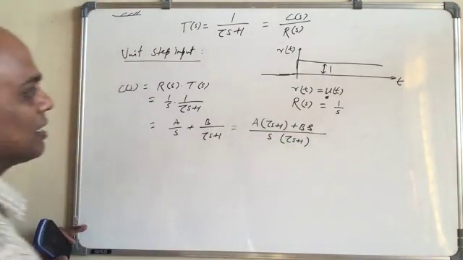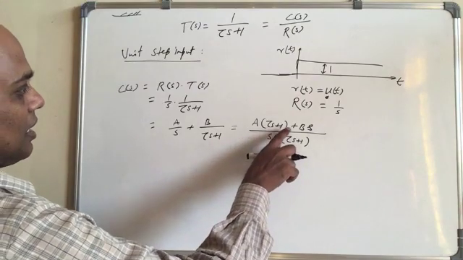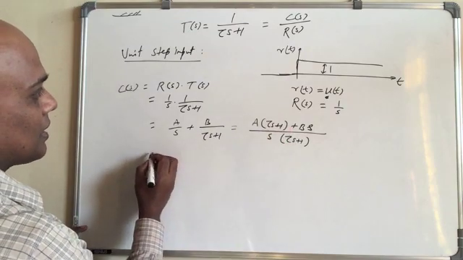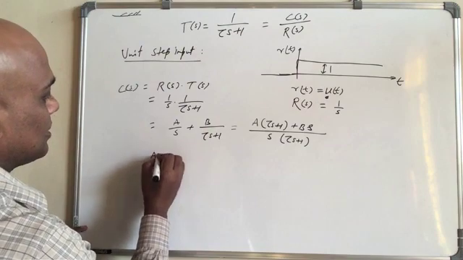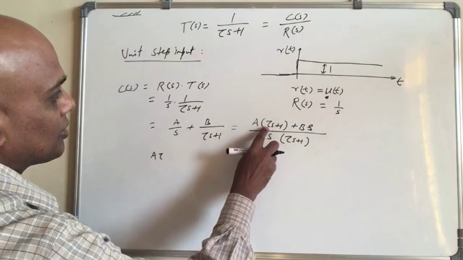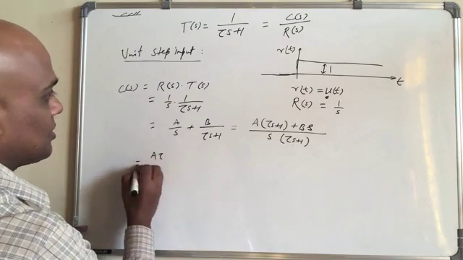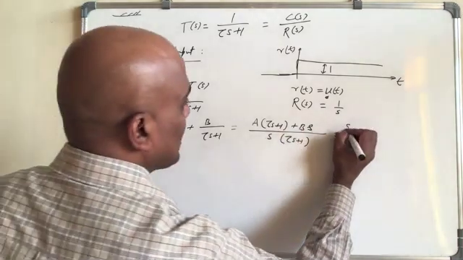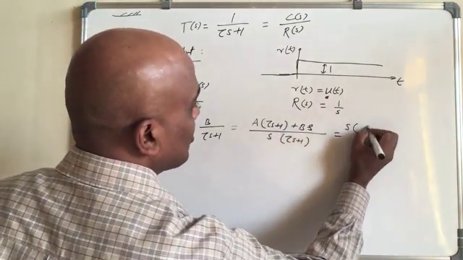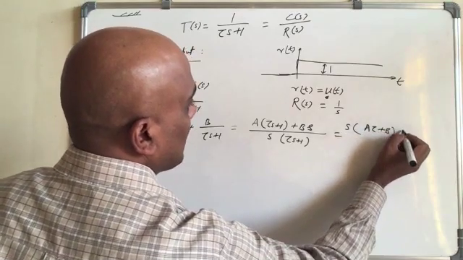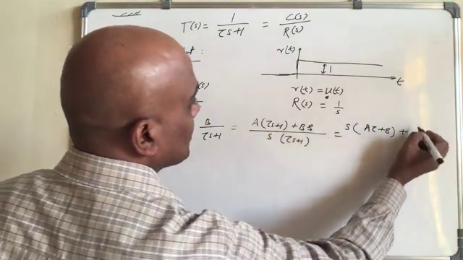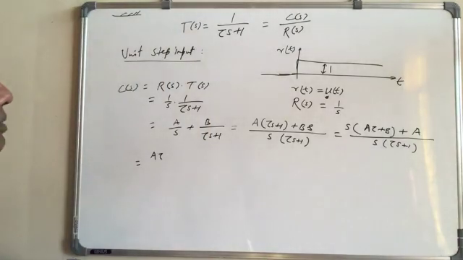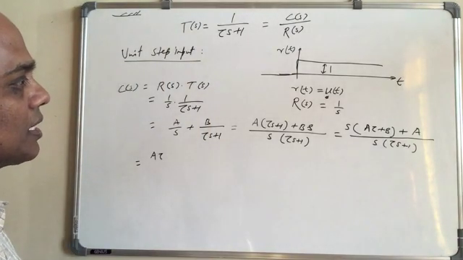From here we get an s term, s times (A tau plus B), and then a constant term A, all divided by s(tau s plus 1).